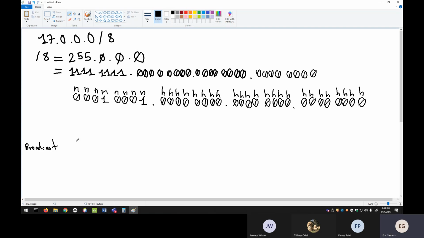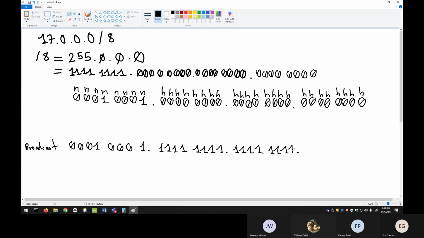Remember the network part, I cannot change them. So I keep the network bits as they are, which means I keep the 17, isn't it? Now, all the host bits in the broadcast address, we put them in one. So that will be the broadcast address.